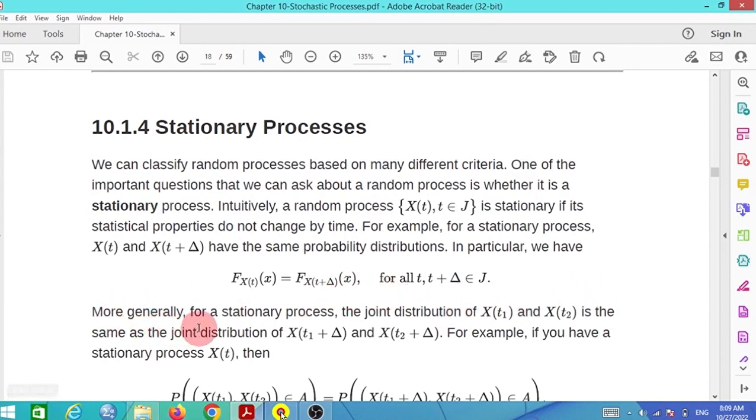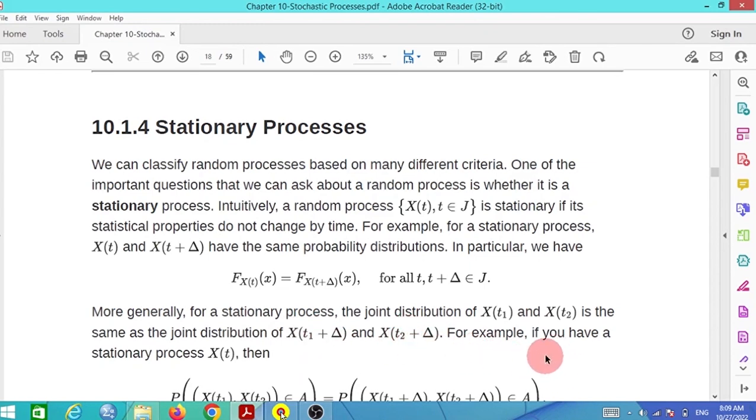More generally, for a stationary process, the joint distribution of X_t1 and X_t2 is the same as the joint distribution of X_{t1+delta} and X_{t2+delta}, the joint distribution of two random variables at this point and this point.